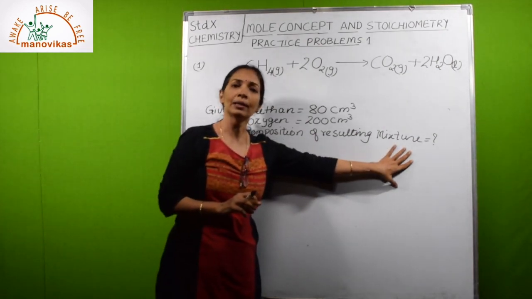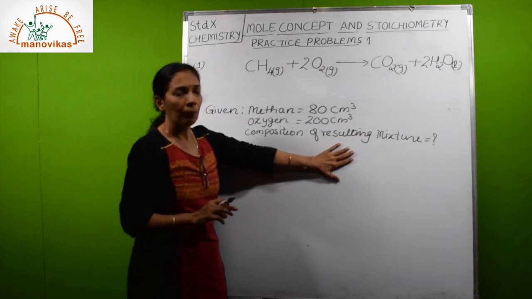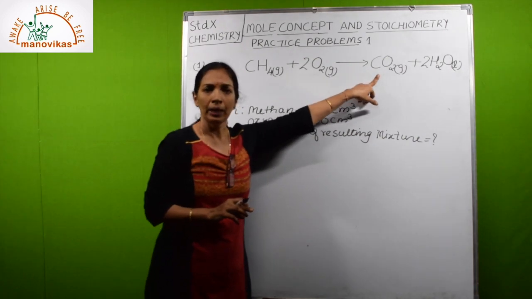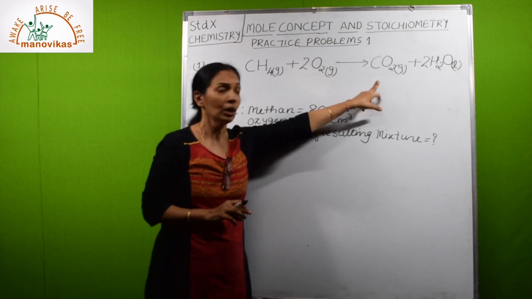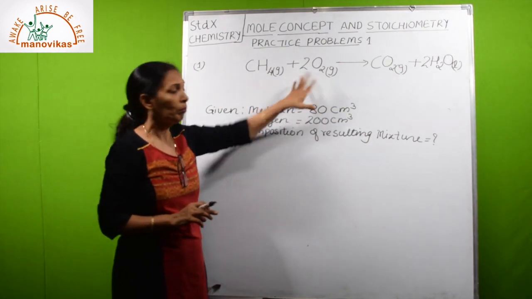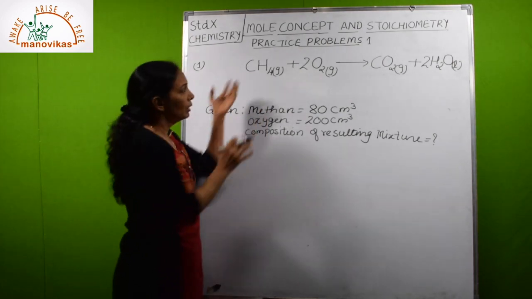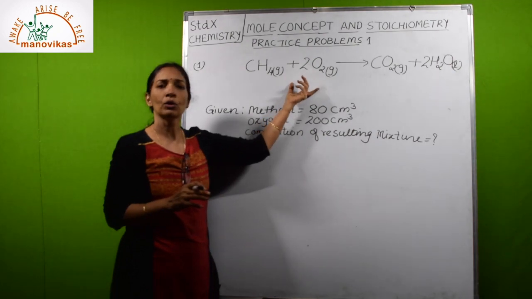Now what is the resulting mixture? Resulting mixture will be made up of the produced carbon dioxide. So you have to calculate how much carbon dioxide is produced and how much oxygen is left behind, because 80 cubic centimeter methane is burnt in oxygen and we don't know how much oxygen is required.